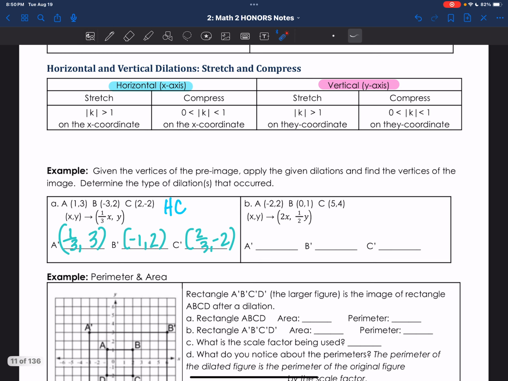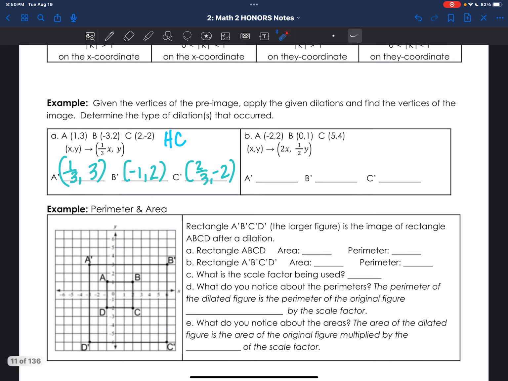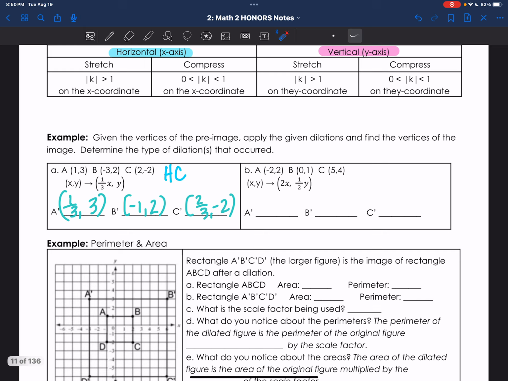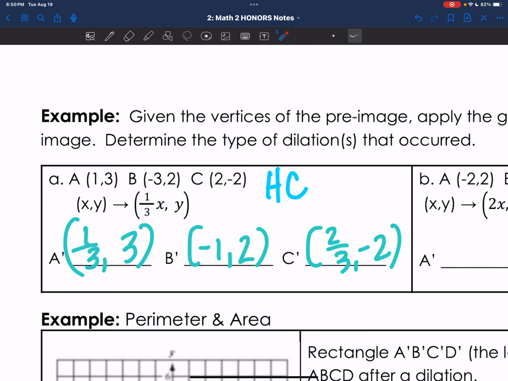Horizontal and vertical dilation. So you're either going to stretch or compress, and it's either going to go horizontally, which is side to side, or vertically, which is your y-axis up and down. So let's look here. Your rule is A, is 1/3 times 1, so that gives you 1/3. But y we don't do anything to, so y we just write as is.